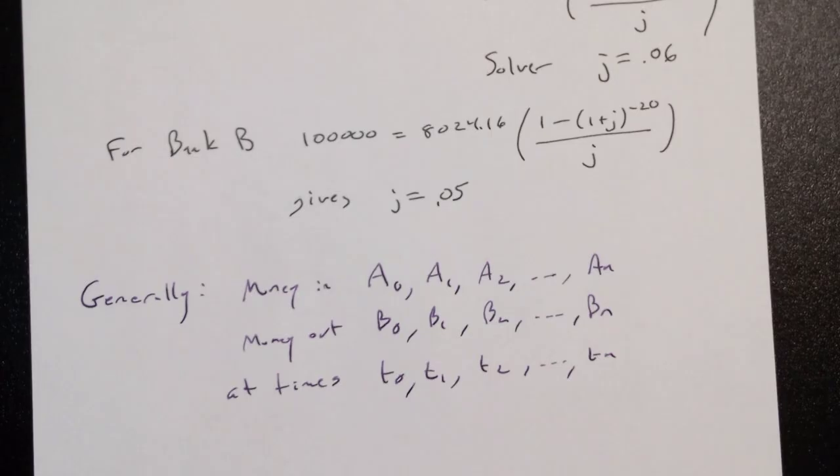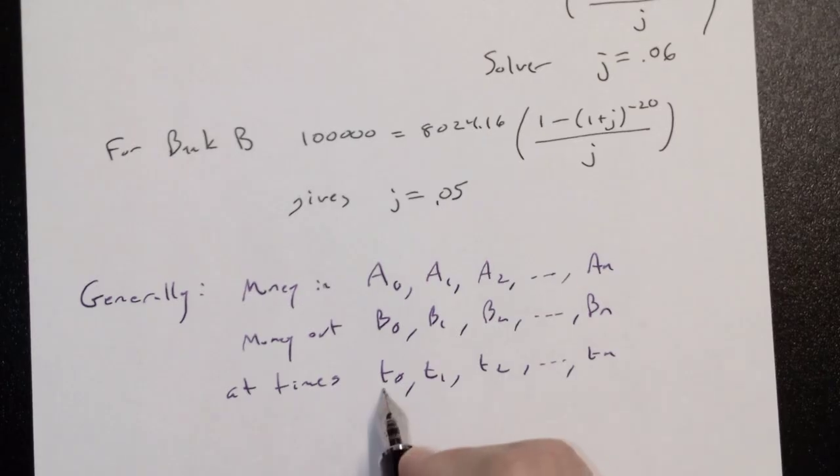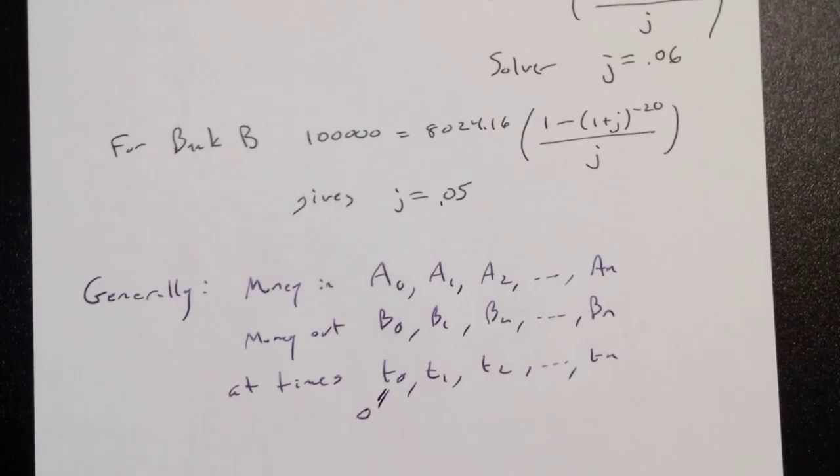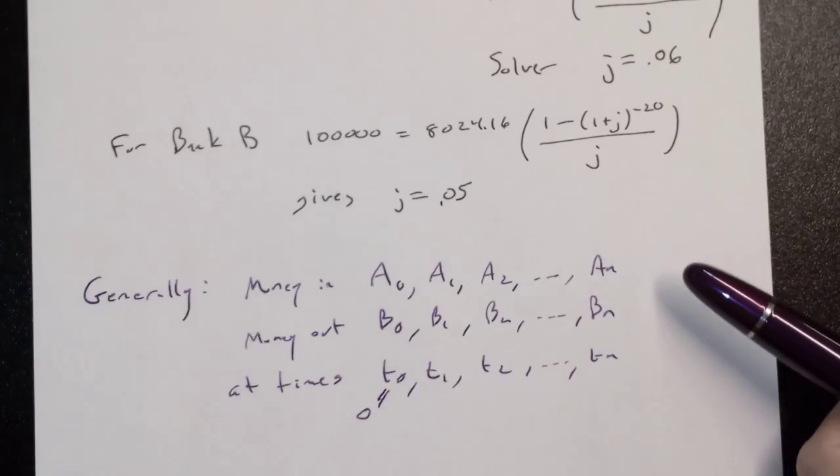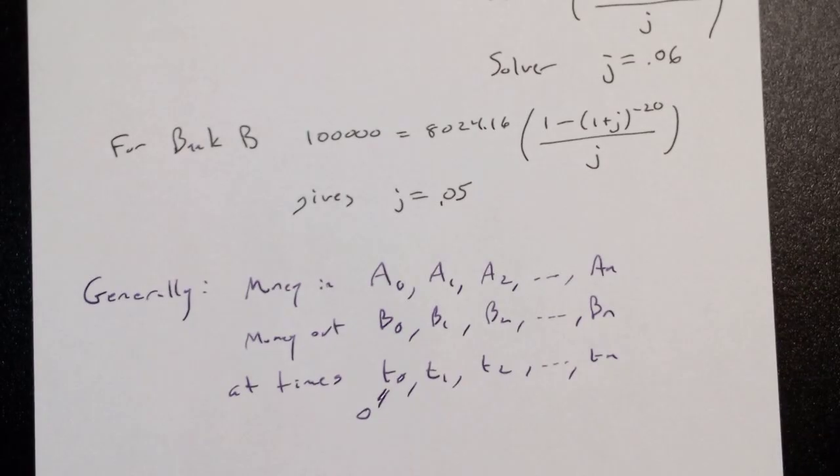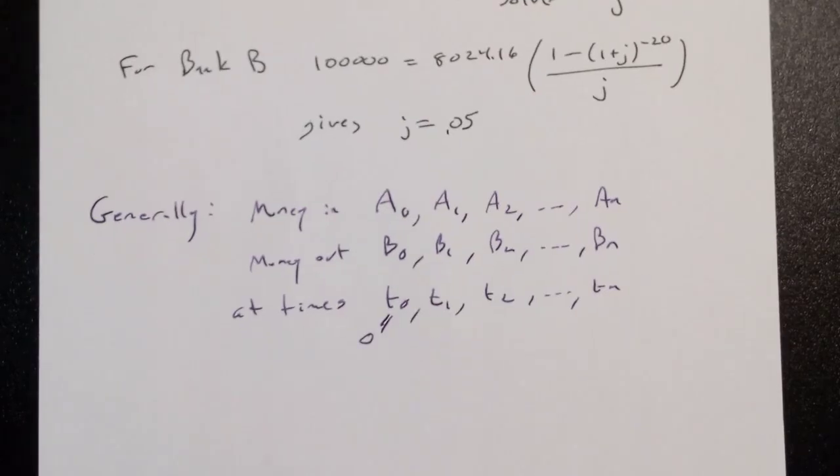I'm going to make sure these are in order. Usually T0 is 0. But these are in strictly increasing order. So time 1 is less than time 2 is less than all the way up to time n. And money in are going to be these payments A0 through AN. By the way, if there is no particular money in at a given point, we'll just leave that to be 0. Money out is the B's, same idea.